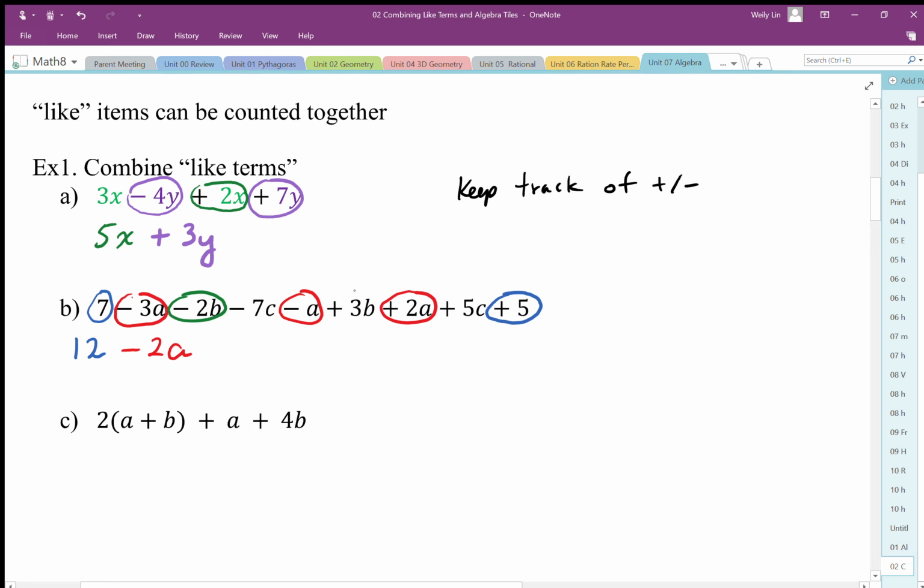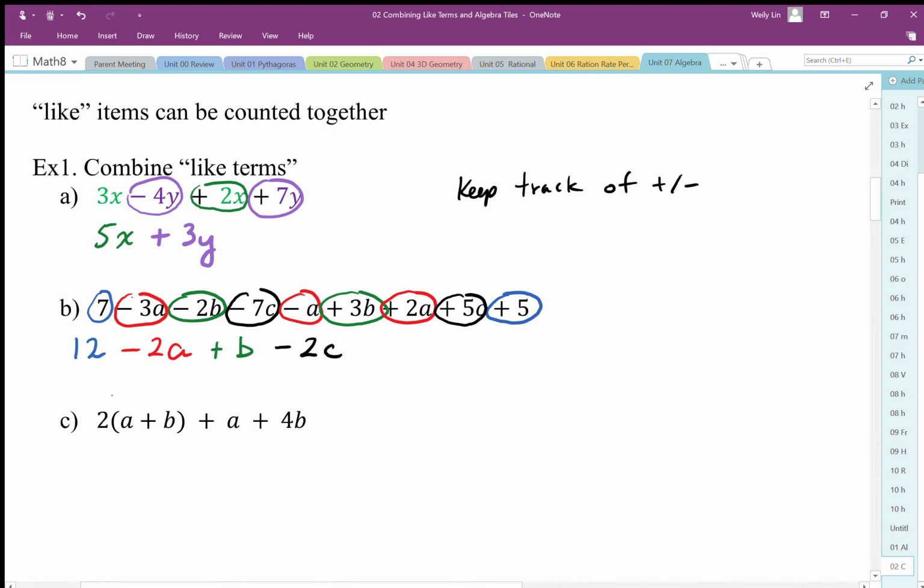So I have a minus B here, I have plus B here. So minus 2B plus 3B is plus 1B. And lastly, I have minus 7C plus 5C. I end up with a total of minus 2C. Now some people like to put these in alphabetical order, but it doesn't really matter. It is nice to keep it organized that way, but it's not necessary to do that.